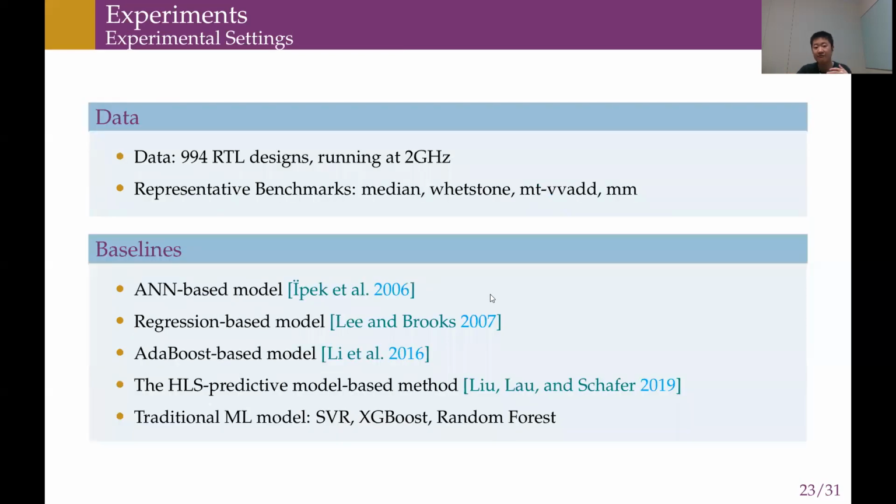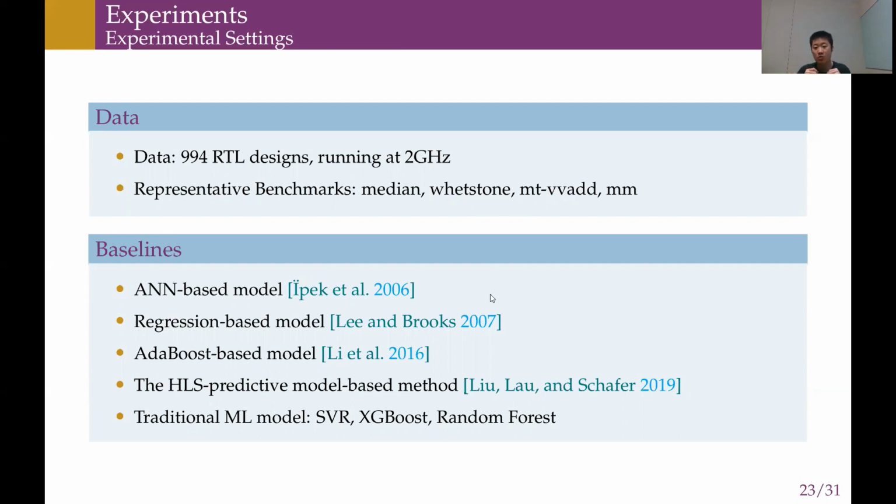Because we cannot evaluate each microarchitecture in the whole design space, we build an offline data set composed of 994 RTL designs, each running at 2 GHz. Then we use representative benchmarks for the evaluation, because these 4 benchmarks cover all RISC-V instruction types, including register to register instructions, register to memory instructions, branch instructions, and so forth.